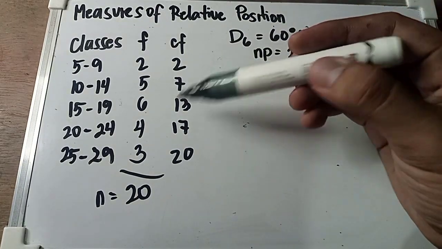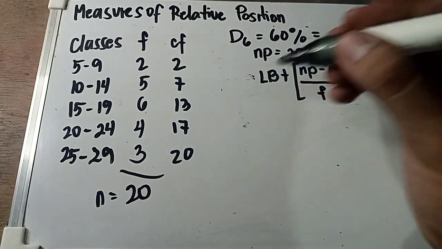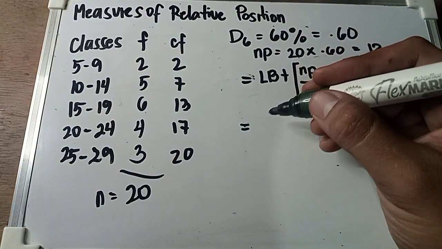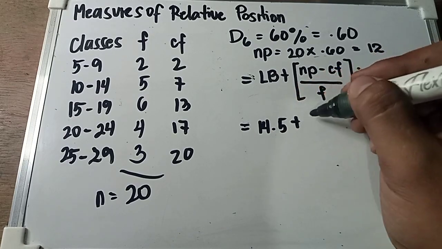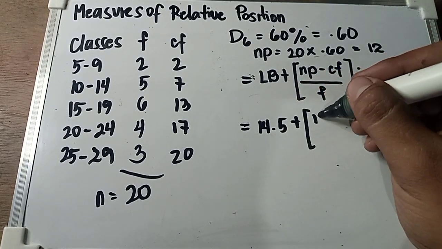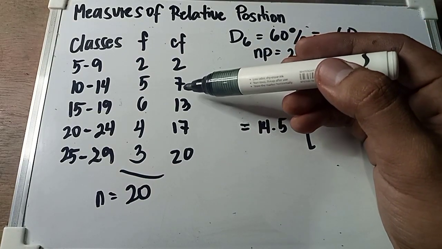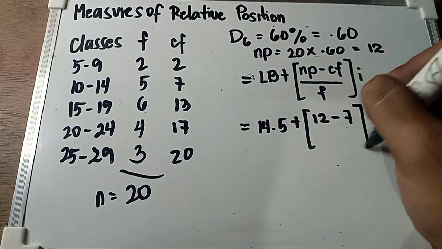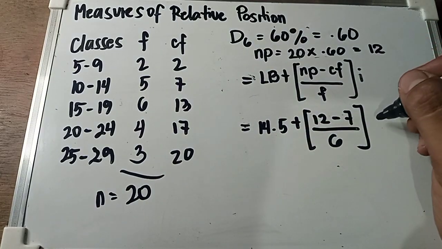So, this will be your class. Ma-identify mo na yung lower boundary mo. Again, mag-minus ka ng 0.5, so that will be 14.5, plus NP minus CF, the less than your CF, that will be 7, divided by 6, and then the interval, 5.